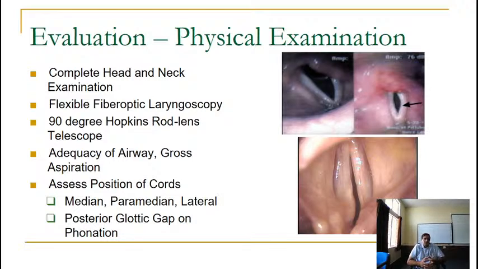Then there are various tests that are done to evaluate a vocal cord palsy, superior laryngeal palsy or recurrent laryngeal palsy, and how the vocal cords come to the center. In one-sided recurrent laryngeal nerve palsy, the vocal cord is initially paramedian and then in the cadaveric position, and so the aspiration problems occur.